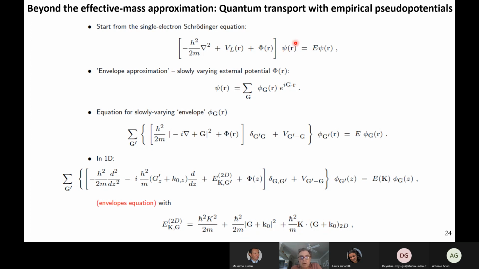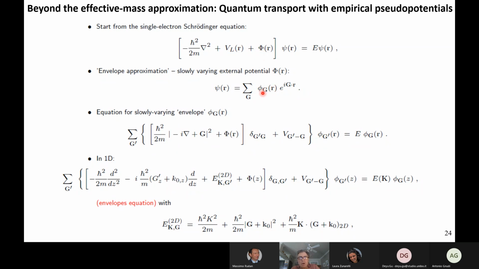So we know that the wave function has to have a Bloch form, but the idea is to use an envelope approximation. If you remember the equivalent Hamiltonian that we saw a long time ago with the discussion that we had with Professor Baccarani, you assume that now the envelope depends on the position, which is something that you do not have in absence of the external potential.